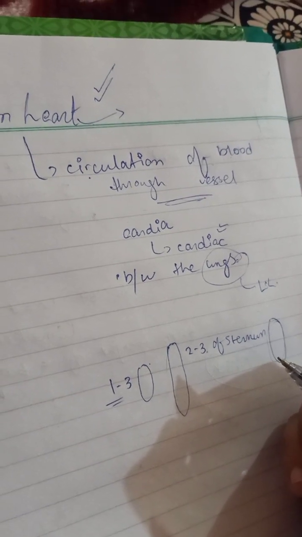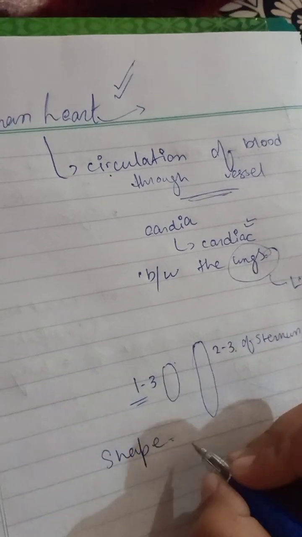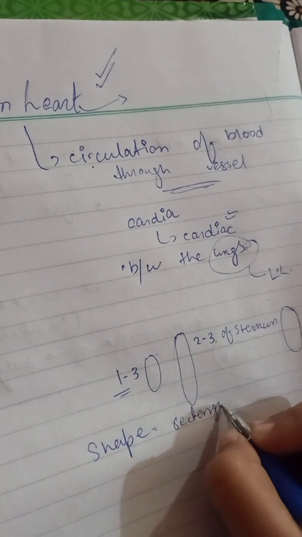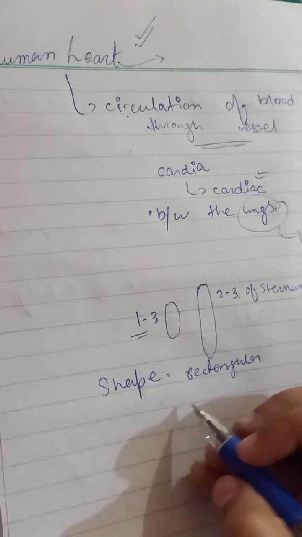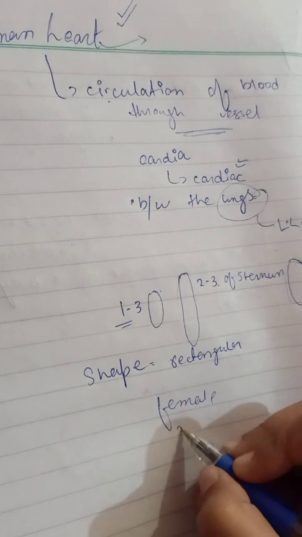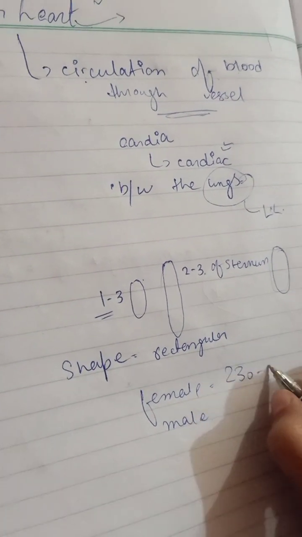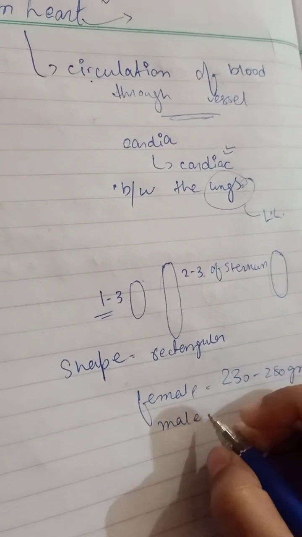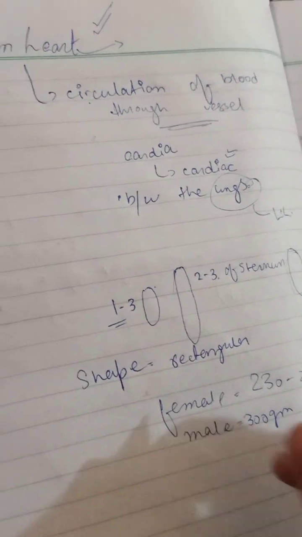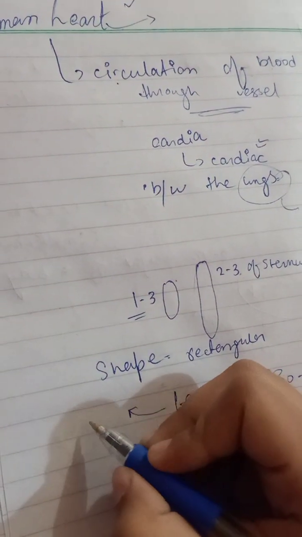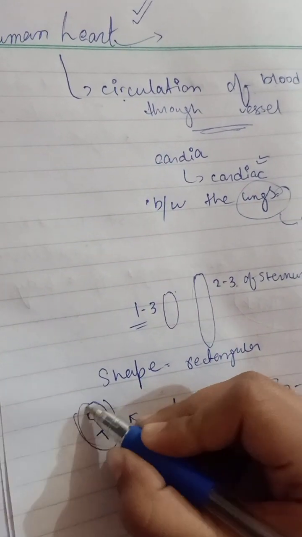If you talk about the shape of the heart, it is rectangular. The weight of a heart in females is 230 to 280 grams, and in males it is about 300 grams. In females the heart has this sign, and this is the sign of the female heart.